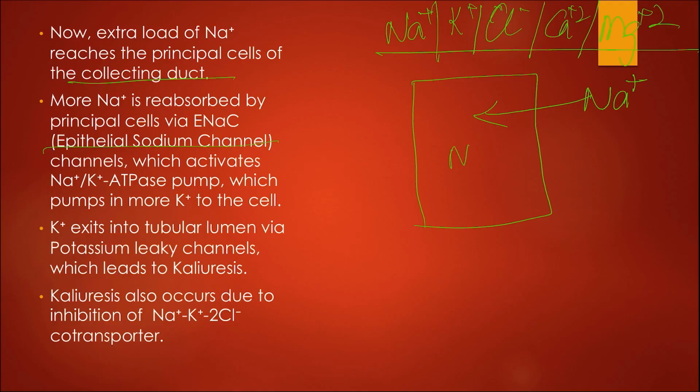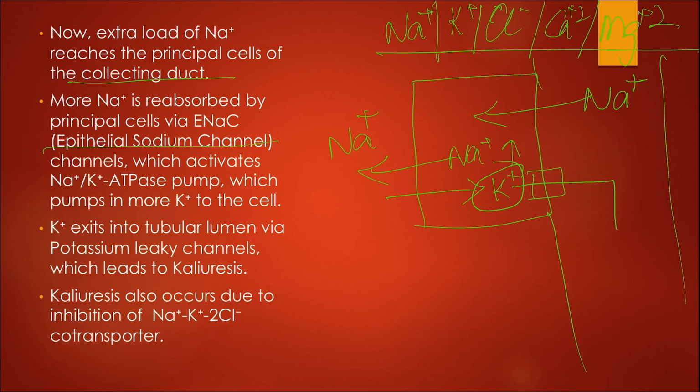Once the sodium level increases inside the cell, it is thrown out of the cell and then finally into the interstitium and into the blood vessel via the sodium potassium pump. So the cell again gets low in sodium. Now the cell gets loaded with potassium. Because potassium level increases within the cell, this potassium back leaks into the lumen.